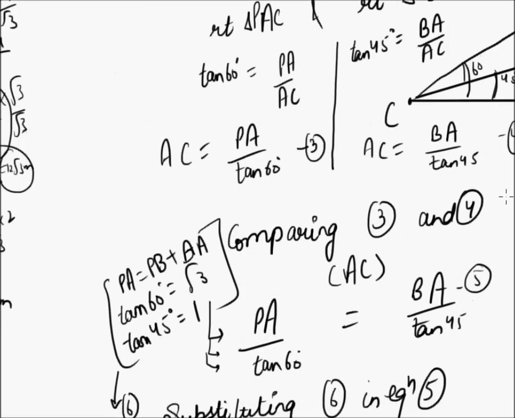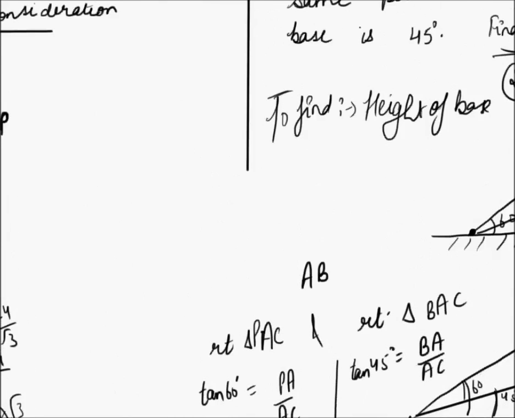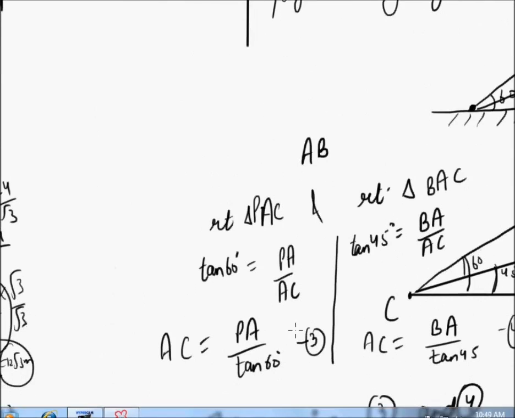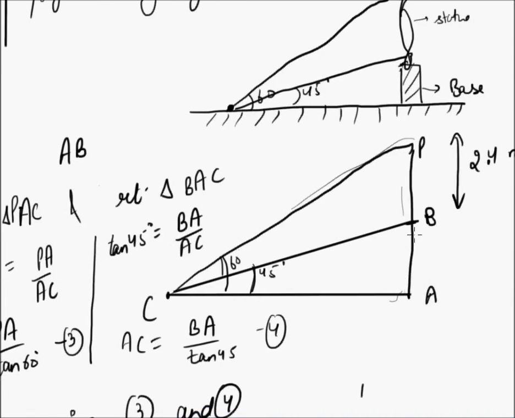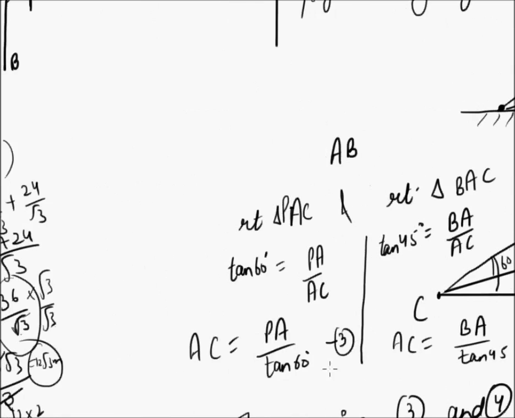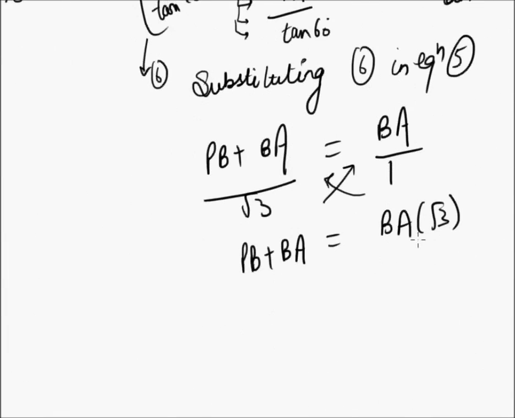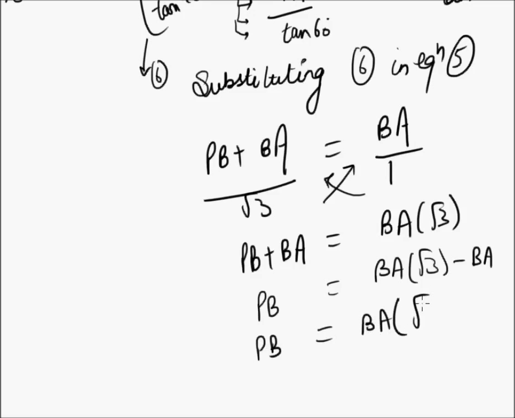Since we have to find out the value of height of base, which is nothing but BA, so we will separate BA, that is PB equals BA under root 3 minus BA, that is PB equals BA common and under root 3 minus 1, or BA equals PB over under root 3 minus 1.